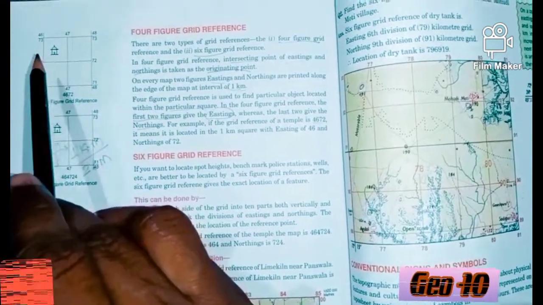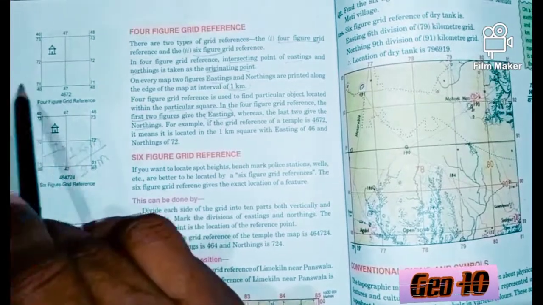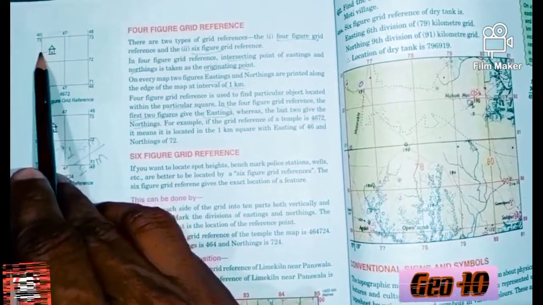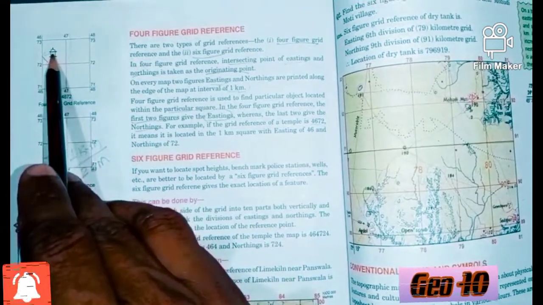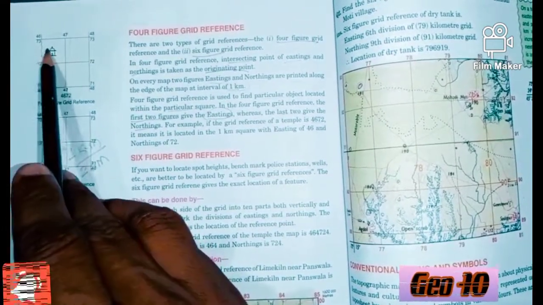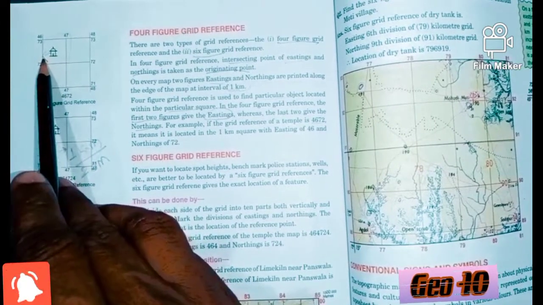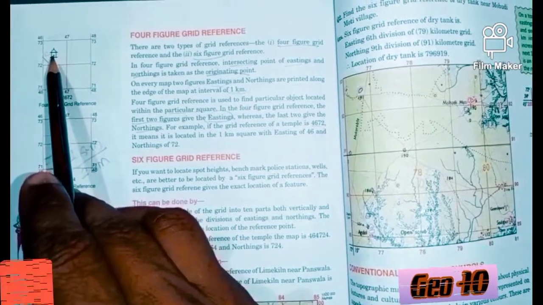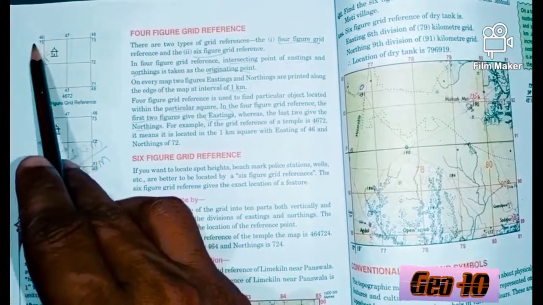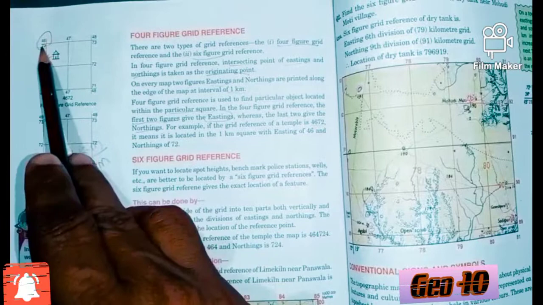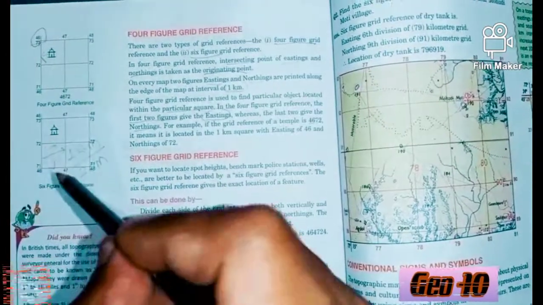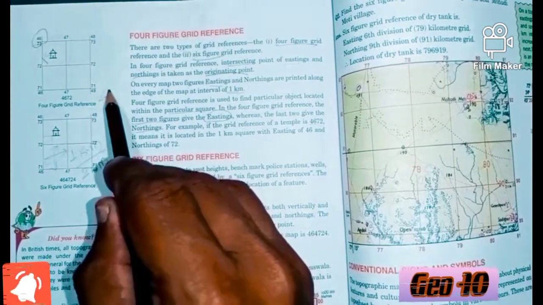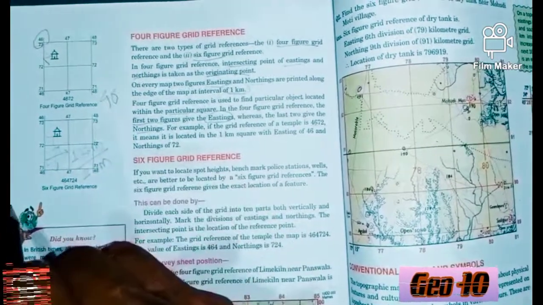Now which vertical line should we consider for eastings? The line left of the object, the easting that is left of the given object, should be considered for marking the easting. So here to the left of the temple, the easting number is 46. So first the 2 digits of eastings, so we will write here 46.